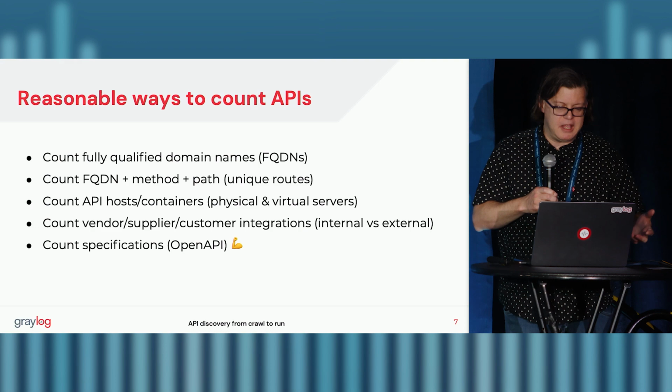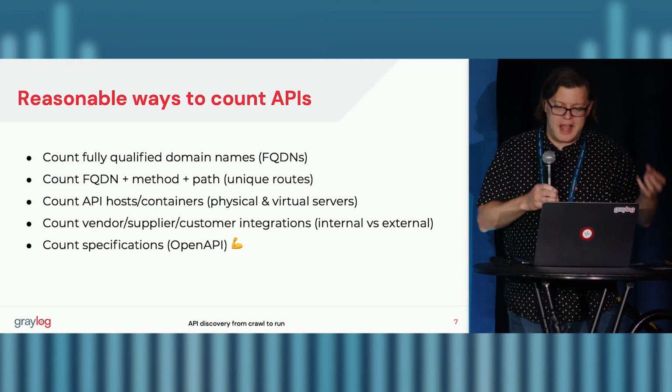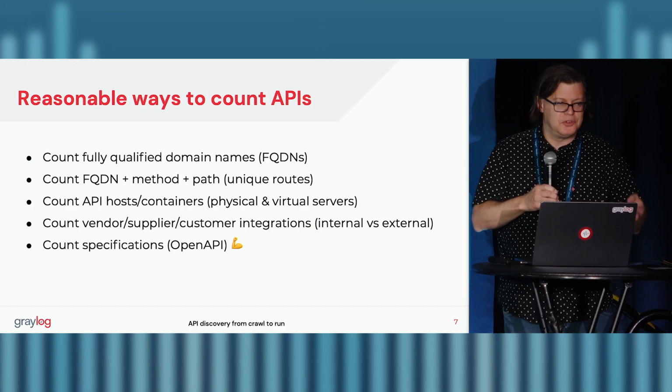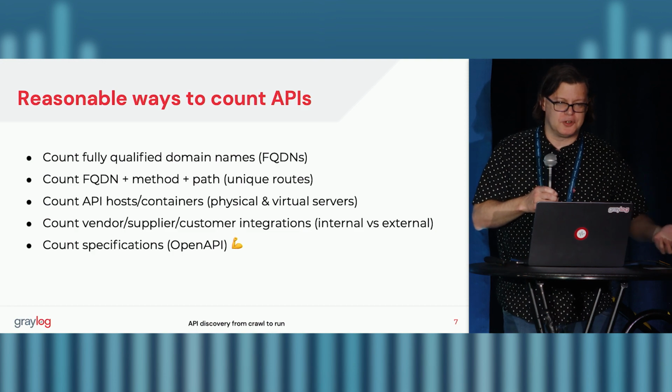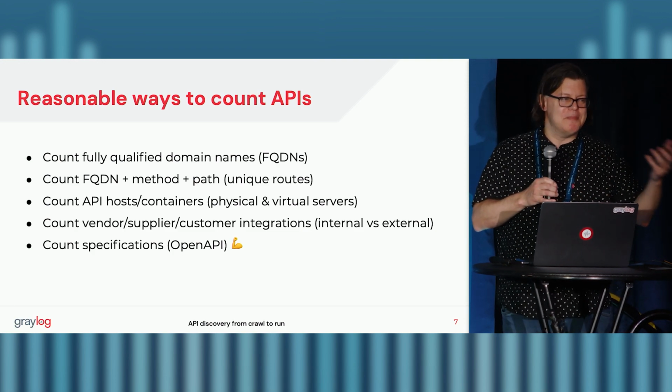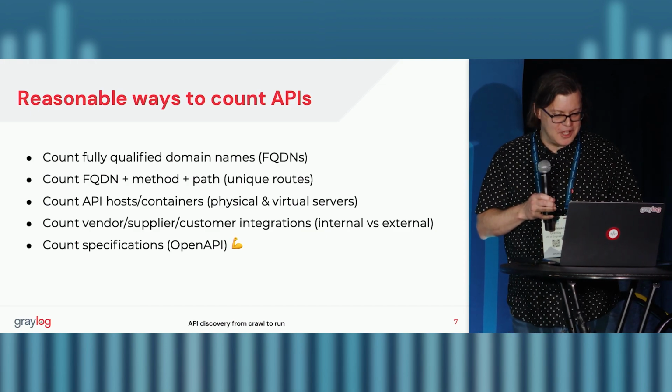There's another way, though, of looking at this, which we feel is potentially the most powerful and actually answers this question most succinctly, which is to use a specification to count your APIs. And so then you get to blame that decision on someone else, right, who came up with the nomenclature.